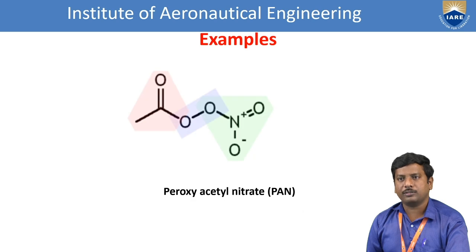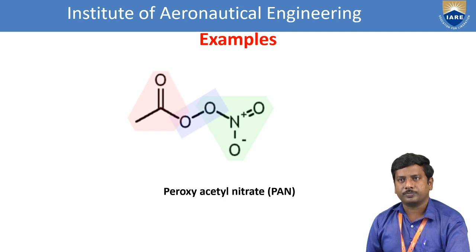This is the structure of peroxyacetyl nitrate. It contains carbonyl compound derivatives and nitrogen linked with oxygen, both positive and negative because of bond migration. This is the structure of peroxyacetyl nitrate, simply abbreviated as PAN.